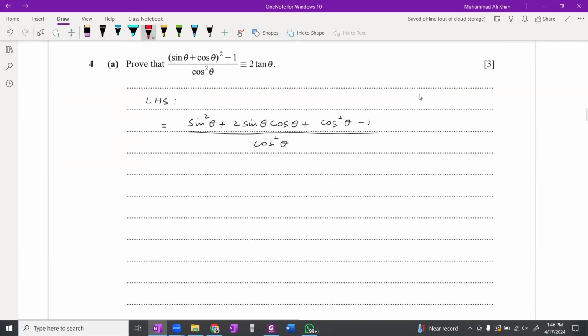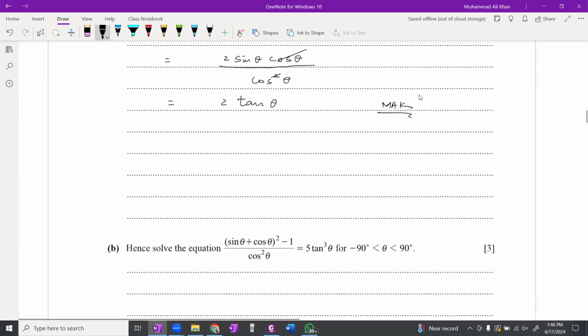As we know that sin square theta plus cos square theta is 1, so 1 and minus 1 cancel out. So in the numerator, we only have 2 sin theta cos theta divided by cos square theta. Cancel out. 2 sin theta upon cos theta is 2 tan theta. This is what we had to prove.